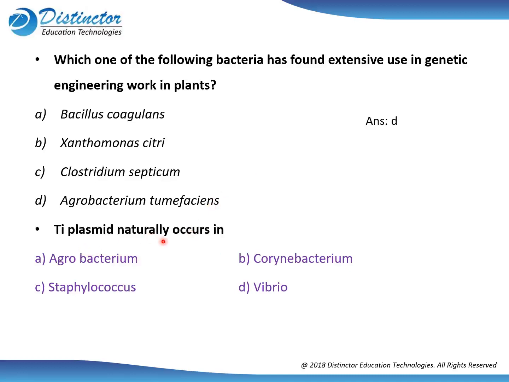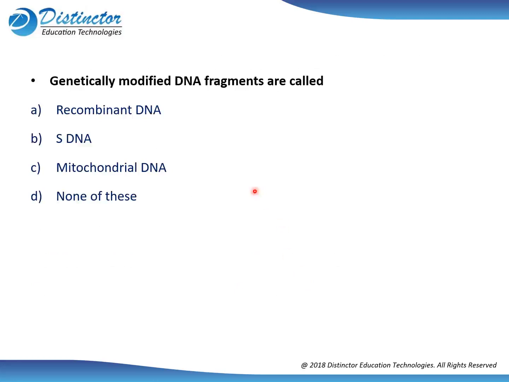Then, the Ti plasmid naturally occurs in which bacteria? Agrobacterium, Corynebacterium, Staphylococcus, or Vibrio? Agrobacterium. The next one, genetically modified DNA fragments are called dash: recombinant DNA, sDNA, mitochondrial DNA, or none of these. Recombinant DNA.